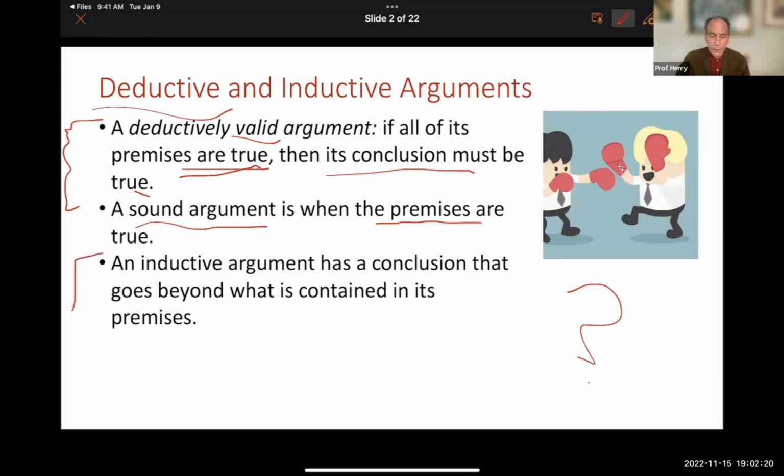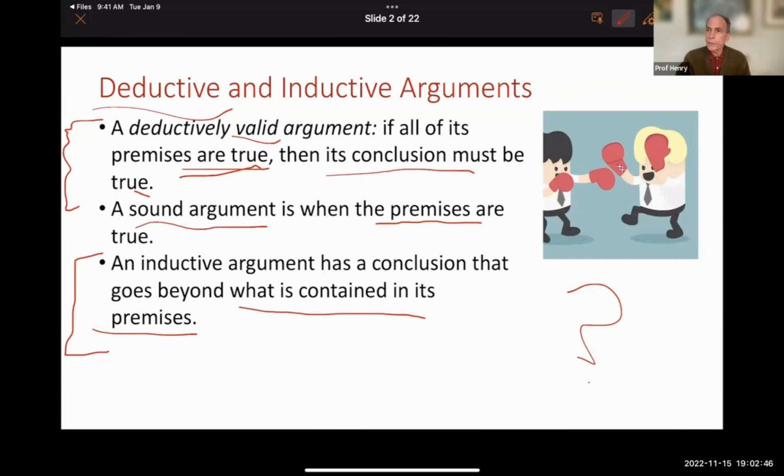An inductive argument has a conclusion that goes beyond what is contained in its premises. Just like with the repair guy, is there something else going on?